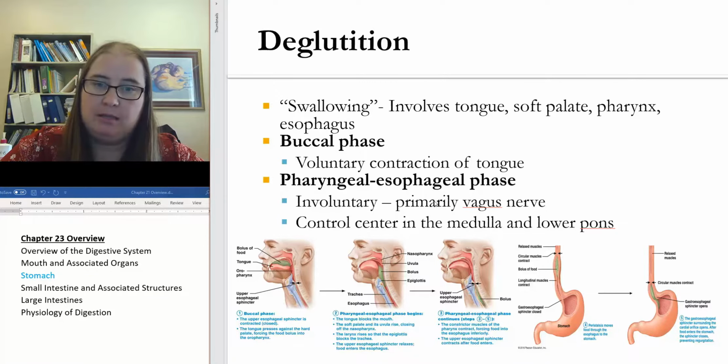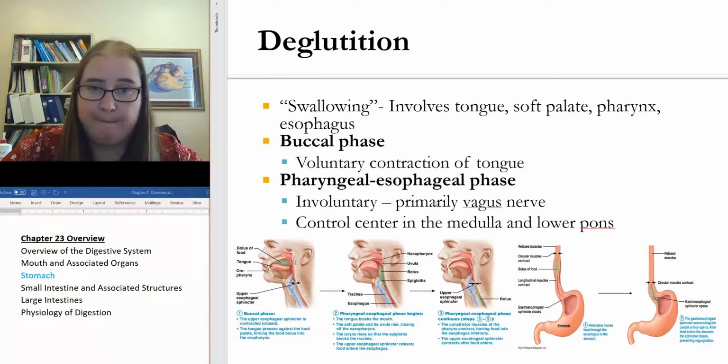When that bolus moves into the oropharynx, we basically move into the pharyngeal esophageal phase. Now, one thing about the buccal phase is that the sphincter within the upper esophagus is actually closed.